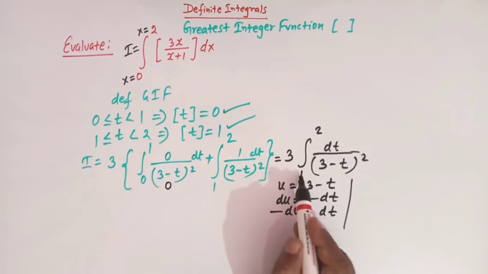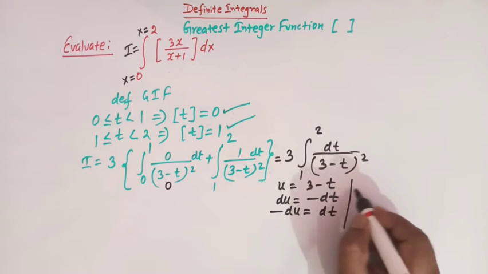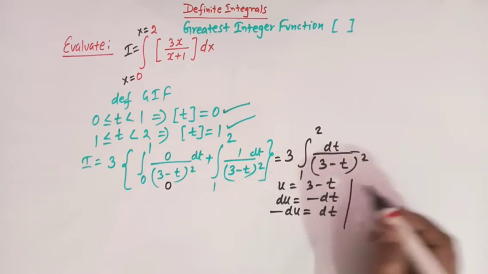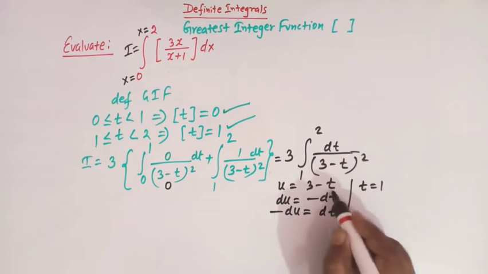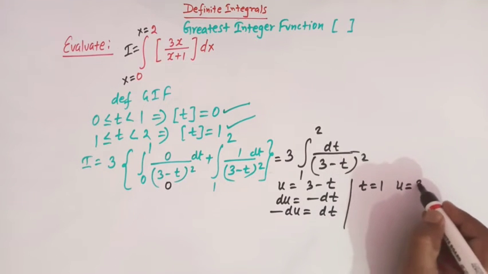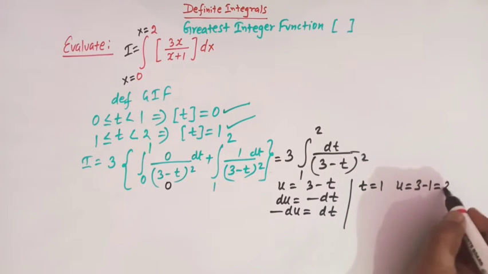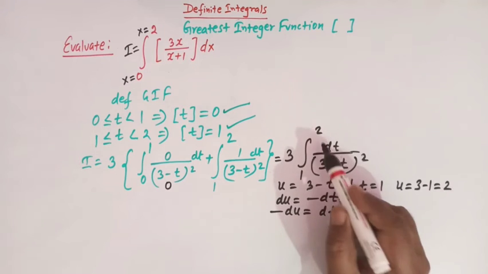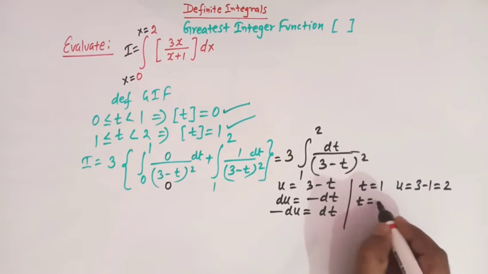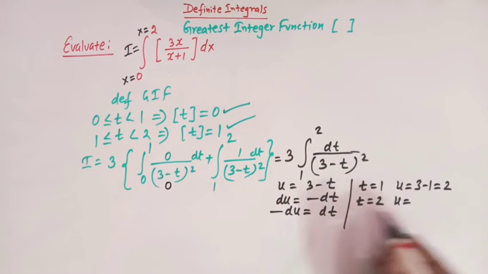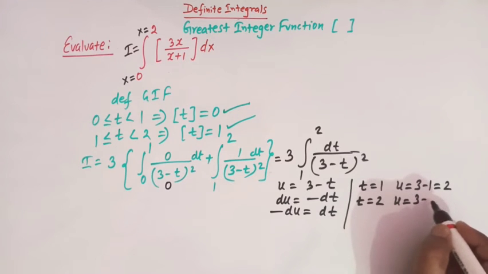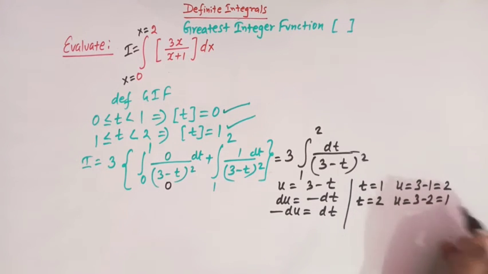To change the limits, when t is 1, the value of u is 3 minus 1, that is 2, and when t is 2, the value of u is 3 minus 2, that is 1, right?